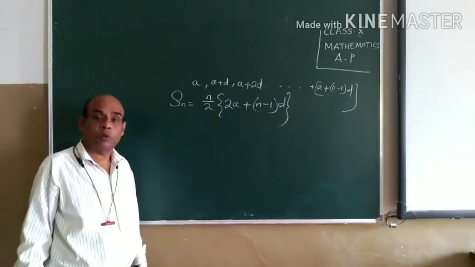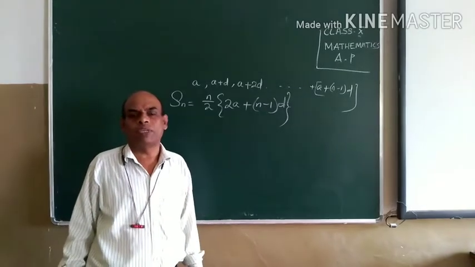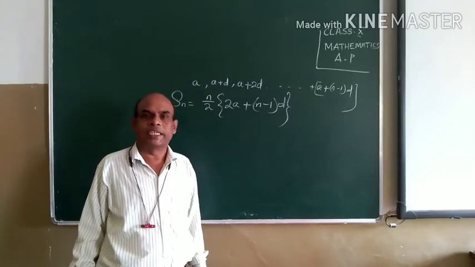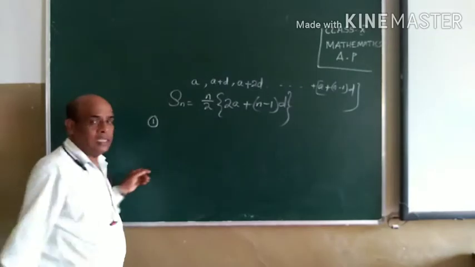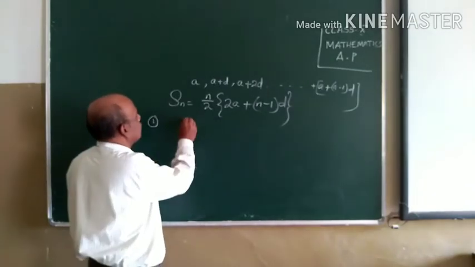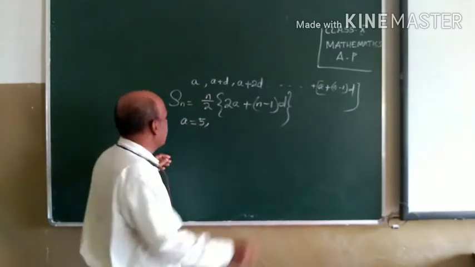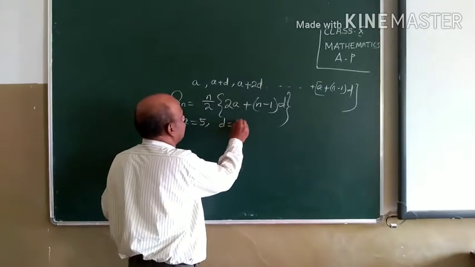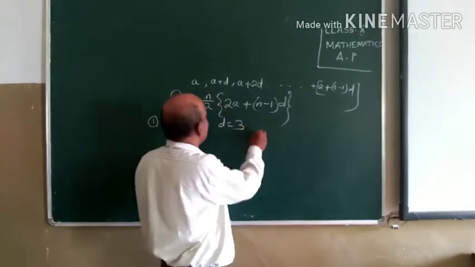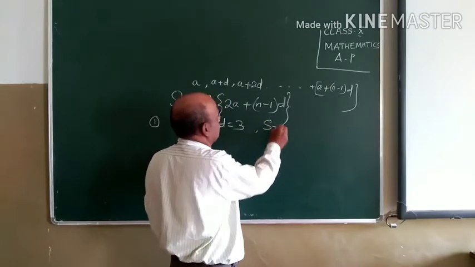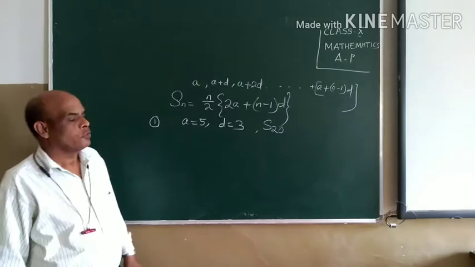So, basing on this formula, we will solve many different types of numericals. Suppose the first problem is: in an arithmetic progression, a is given as 5, the common difference is 3, and you have to find the sum of 20 terms.